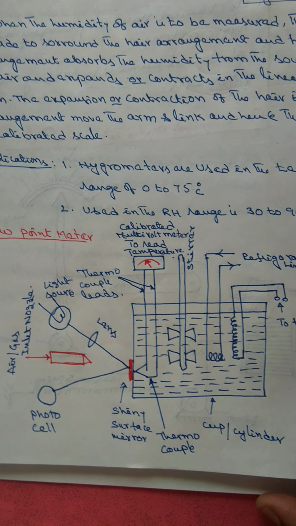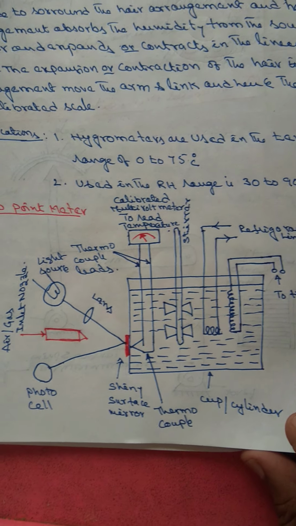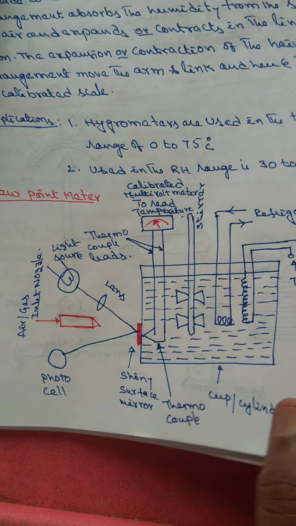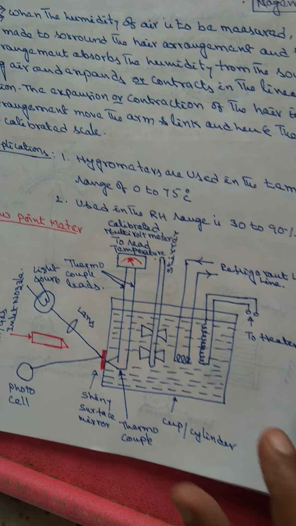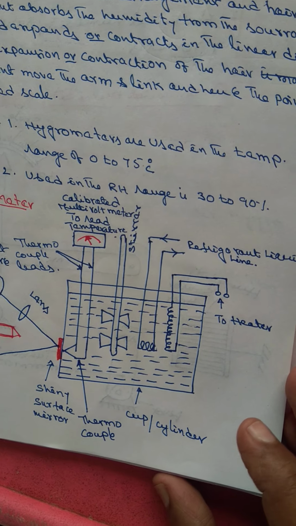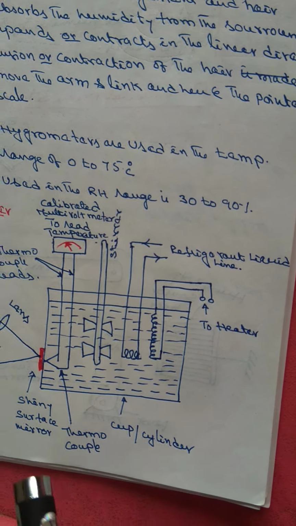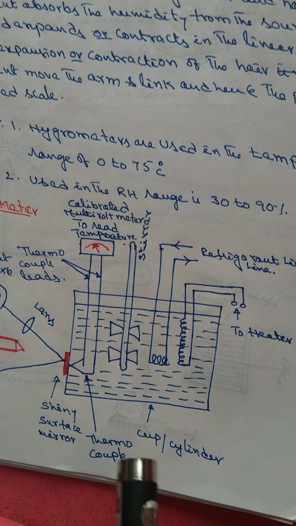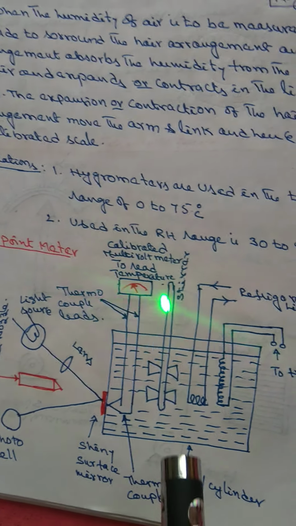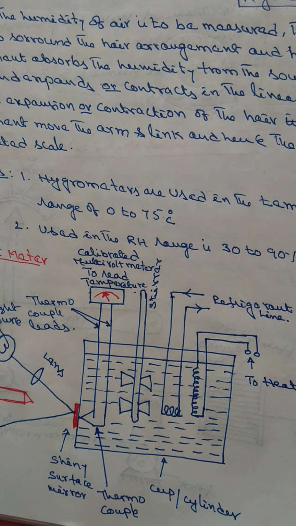Generally for this dew point temperature, we take a humidity range of near about 30 to 90 degrees and 0 to 75 degrees. Whenever the liquid is going to be boiled, for that purpose we are going to use this stirrer.